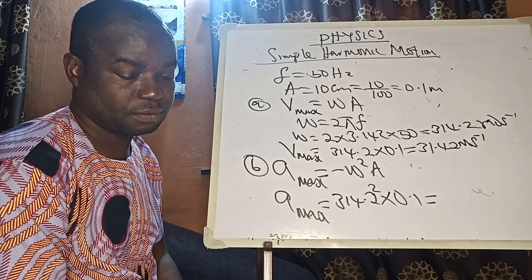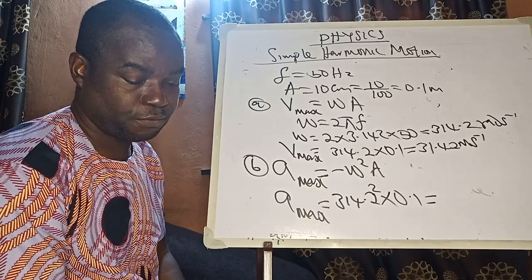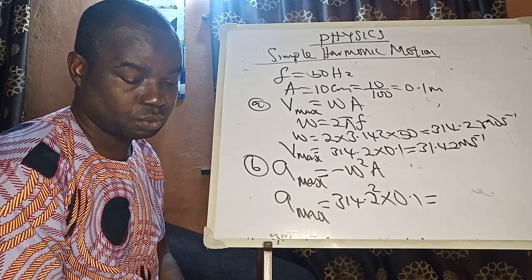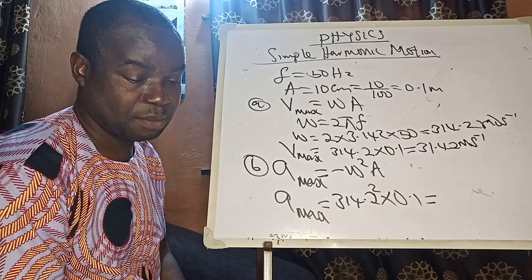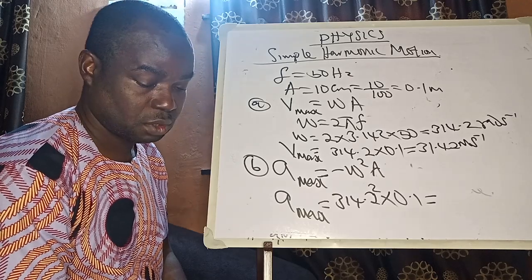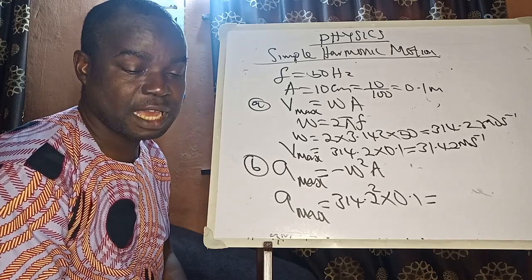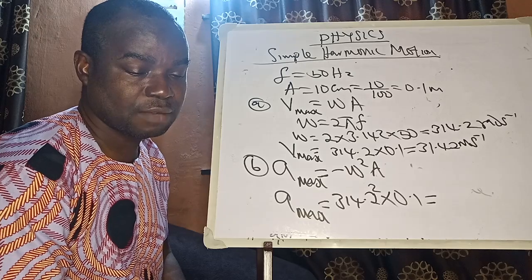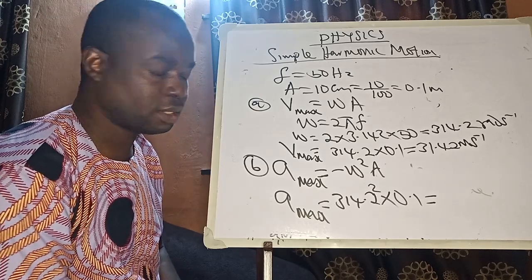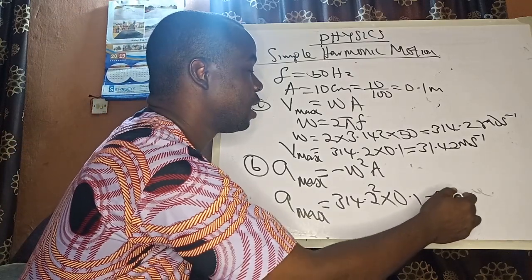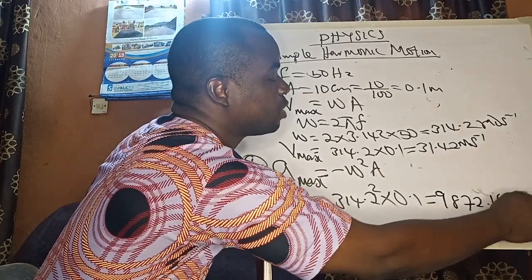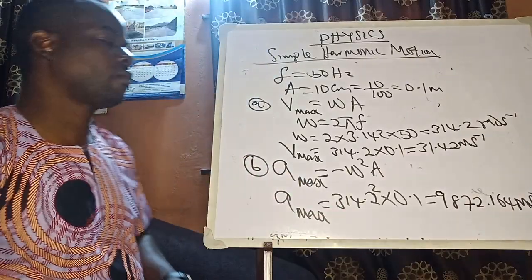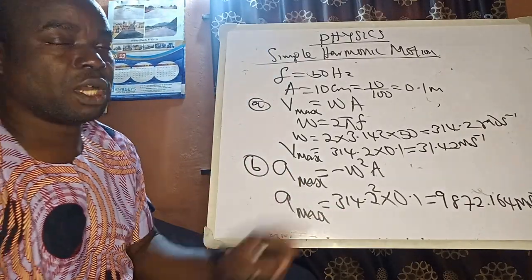We will have 314.2 squared multiplied by 0.1. It gives me 9872.164. The unit is meters per second squared, and that's our A max.